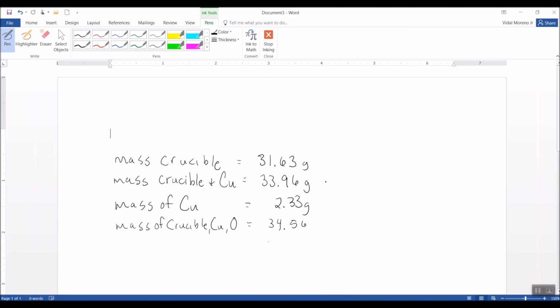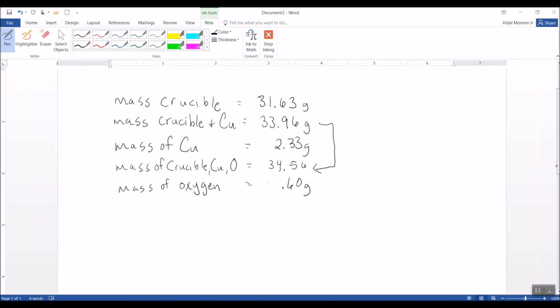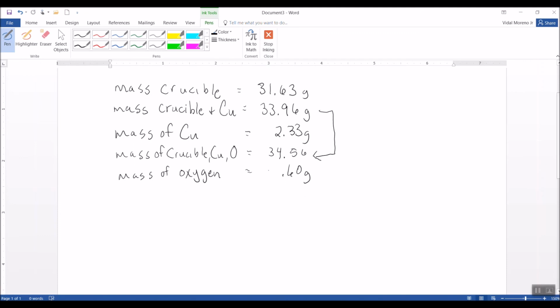So if we subtract the copper crucible from the copper crucible and oxygen, we should be able to come up with the mass of just the oxygen. That gives us 0.60 grams. That's all we need.